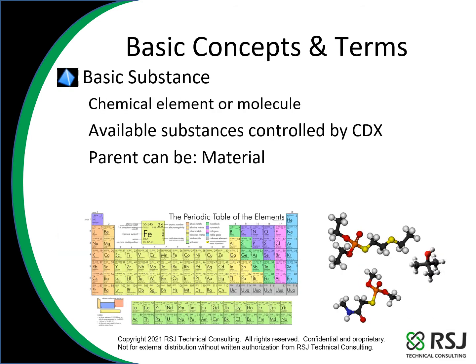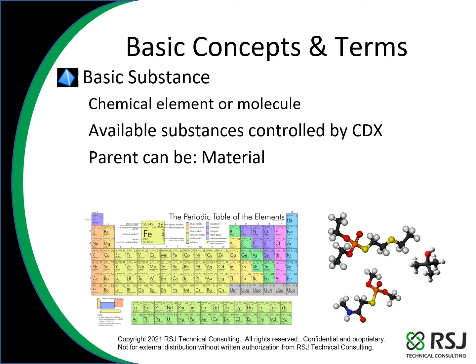Finally, we have basic substances. Everything is made of substances. A substance can be a chemical element like iron. It can be a molecule like polyethylene terephthalate, such as we have pictured here, and that's made of several different elements.